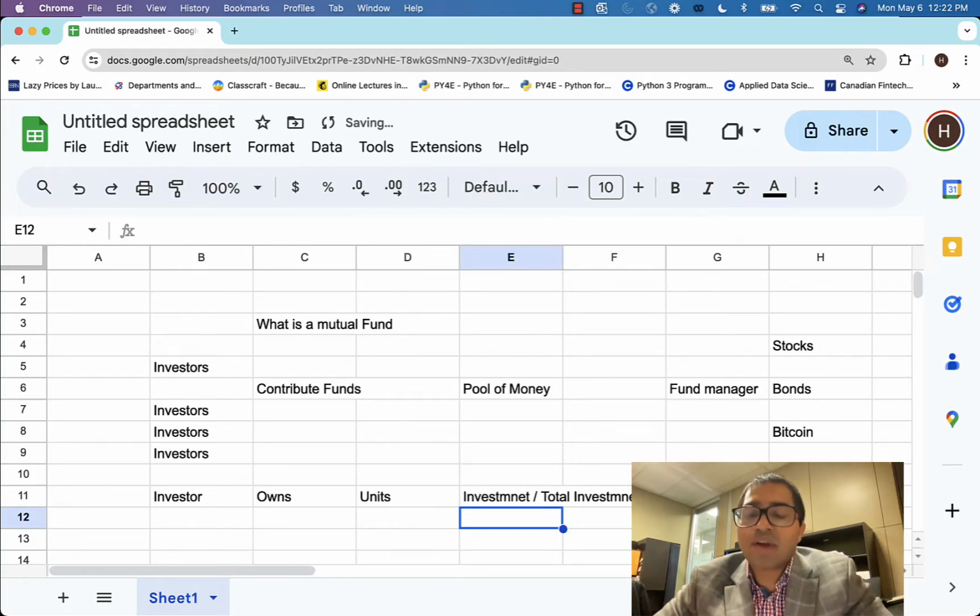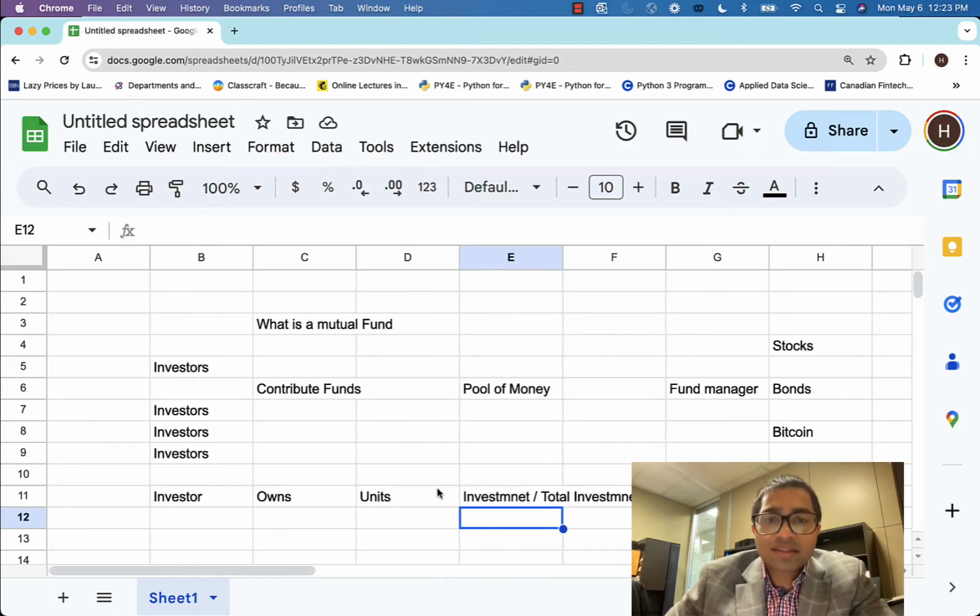So if the fund value when you invested was, let's say, $200 million and you invested $1 million, for example, or let's make it easier, $100 million is the total investment value that the fund holds, the pool of money. And if you put in $1 million, then you own approximately 1% of the fund. That pool of money gets invested into different stocks, different investment vehicles, and you own a proportionate claim. So an investor in a mutual fund owns units.